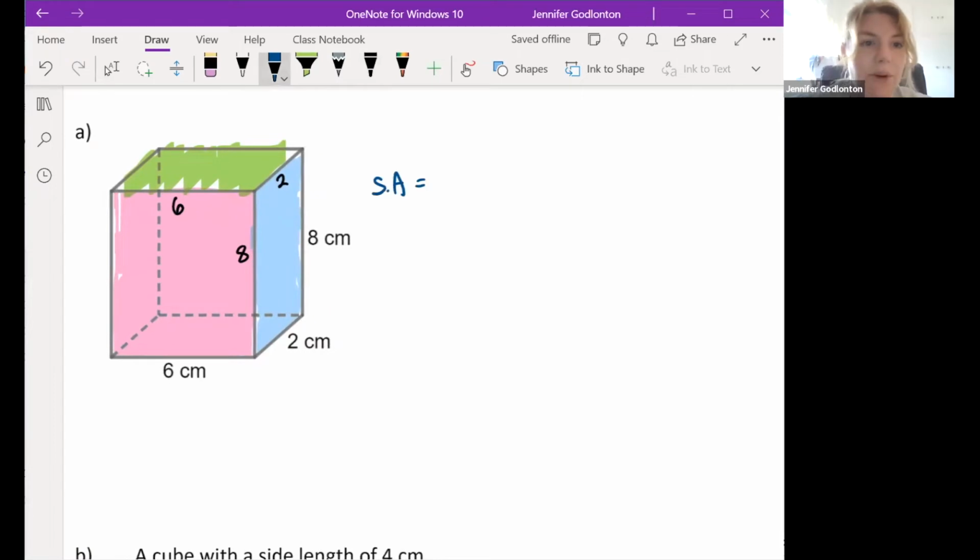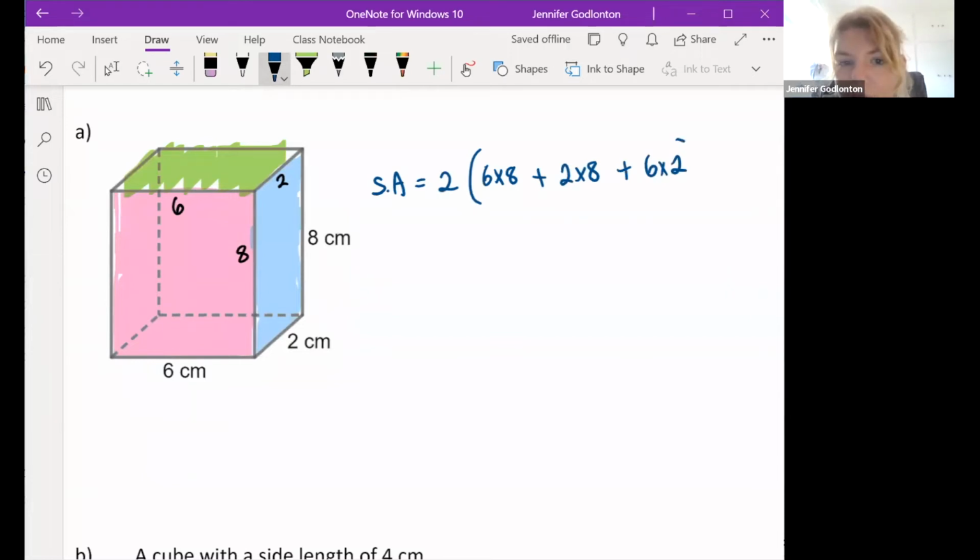Okay, area is equal to 2 times, and we're going to work out each face: 6 times 8 plus 2 times 8 plus 6 times 2. I'm just going to show you which ones those are. So that's my green face, that's my blue face, that's my pink face.